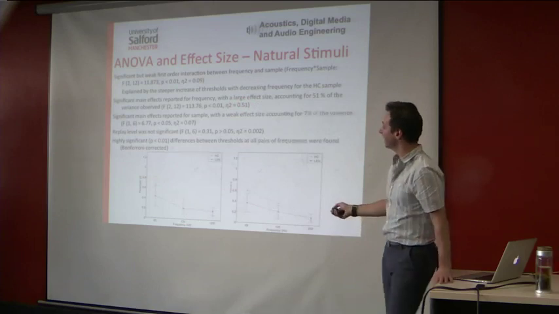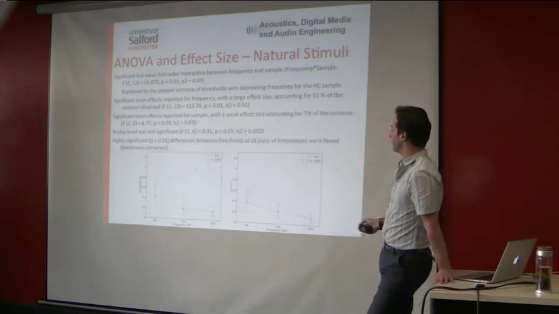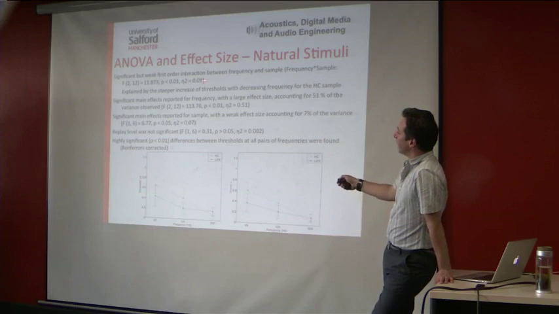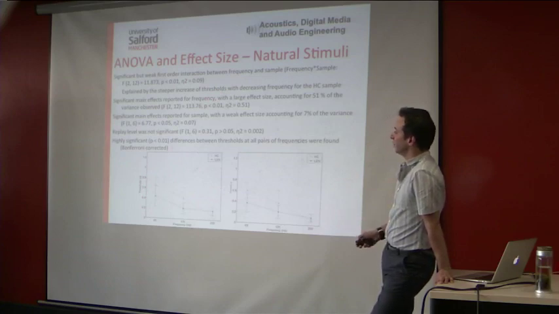And what we can see here is the results for 75 dB replay level and 85 dB replay level. And when we look at the result for frequency, what that is telling us is that there is a significant difference between what we measure at 63, what we measure at 125, and what we measure at 250.